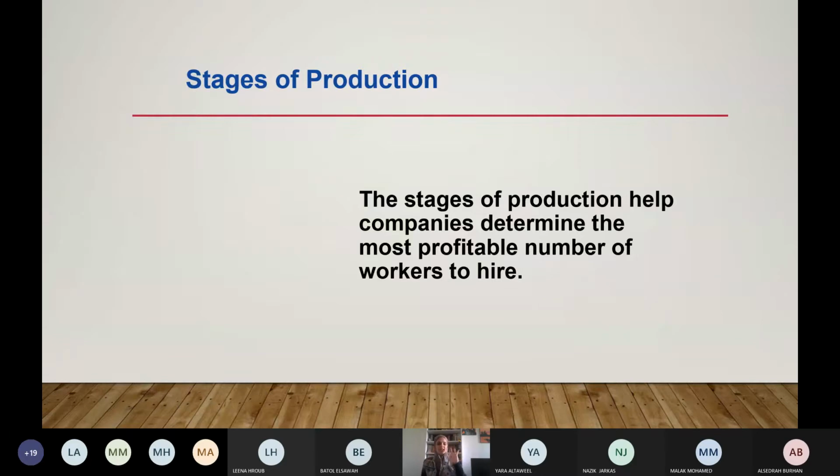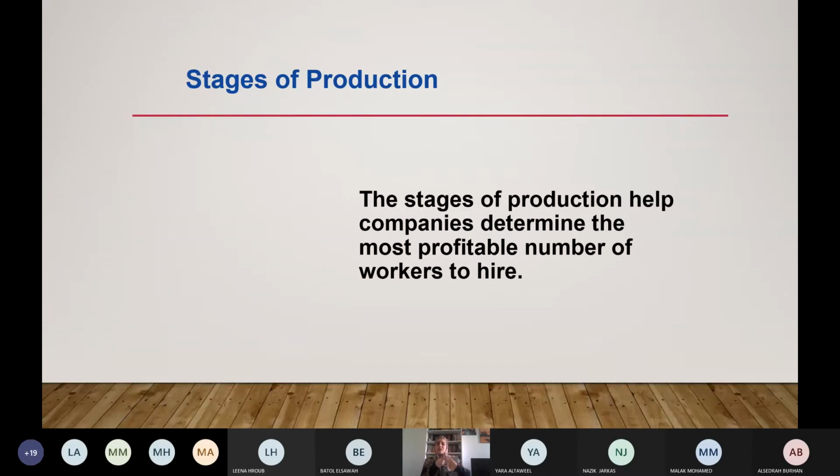We have 3 stages of production. They help the company decide the profitable number of workers to hire. So if I will open a company, I have to think of how many workers. How can I decide how many workers? Up to the stages of production.